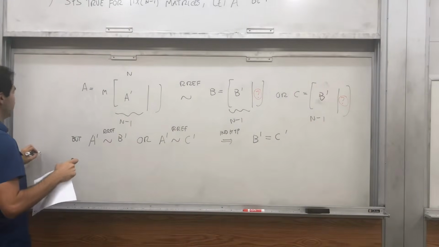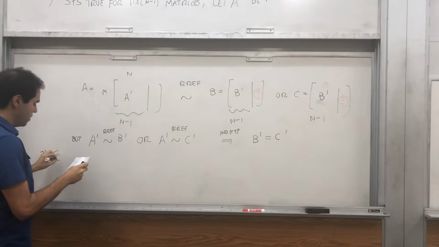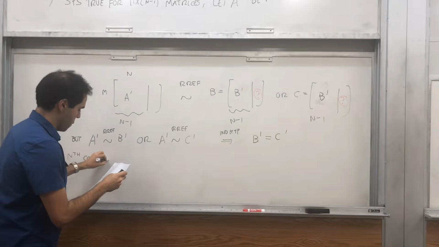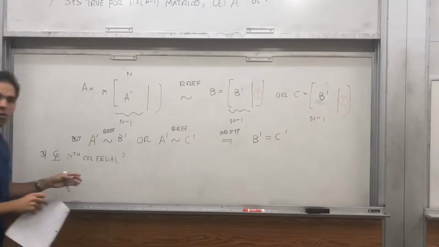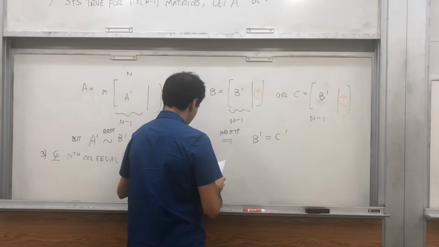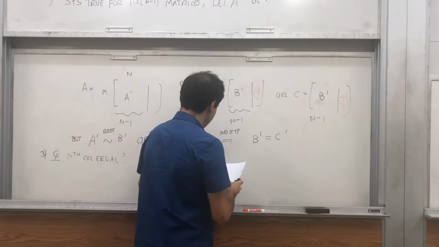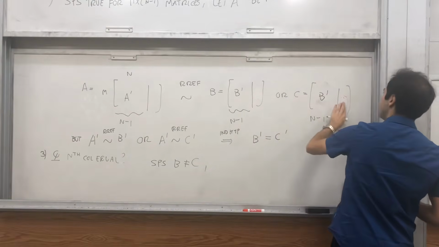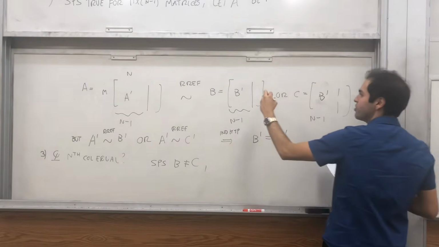So the question is, is the nth column equal? So by way of contradiction, suppose B is not equal to C, which means somewhere here, some jth entry is not equal.